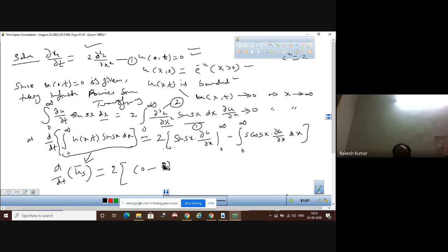So ultimately, here you will get s outside, and you can integrate again.